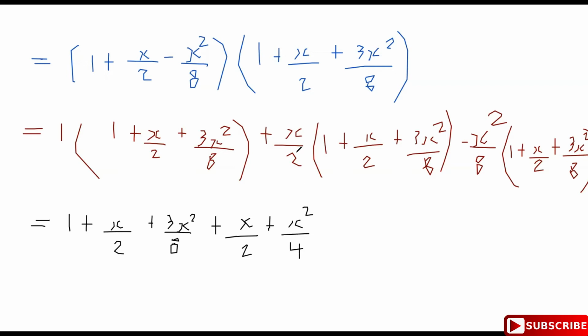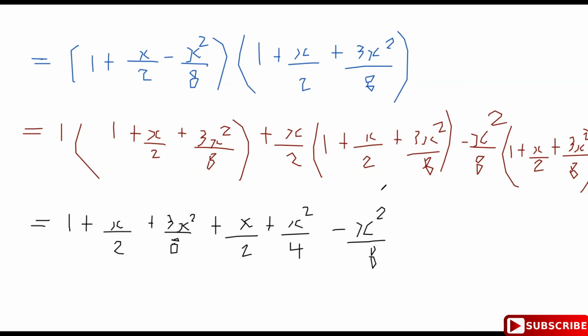But look at this now, x over 2 times 3x squared over 8. That's going to give us a cube term, so we can ignore this part, the cube term part. So we can just go minus x squared over 8, and we'll stop right there.